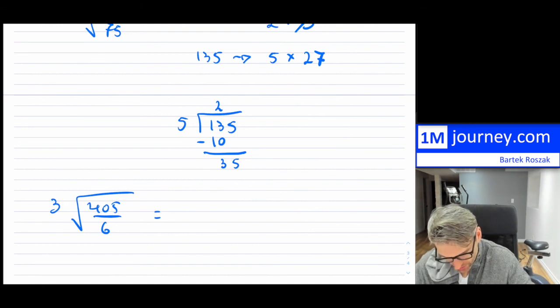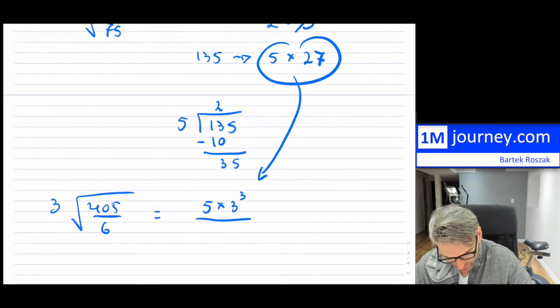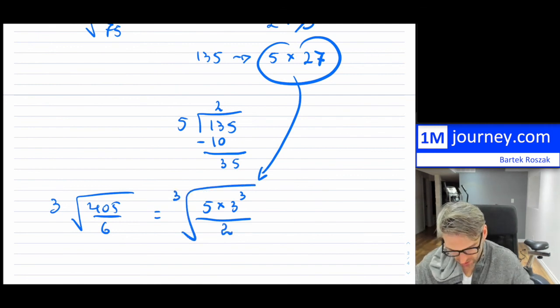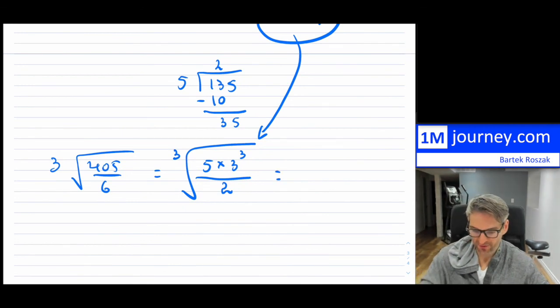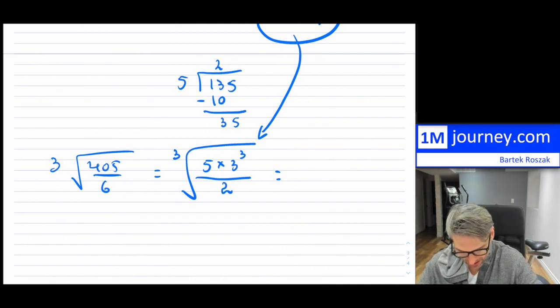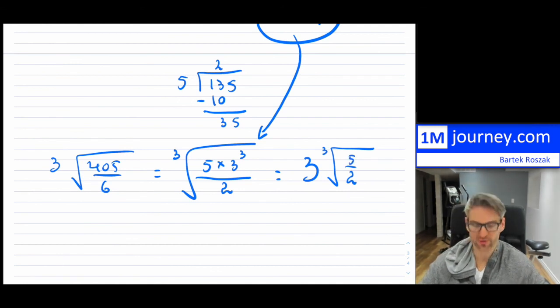Okay, so this is going to be, so that is 5 times 3 cubed. All right, so that's coming from there. All over, so let's not forget the 2. Okay, so this is what you have. Now, in order to simplify that, notice the 3 cubed. Okay, so that 3 can come out. So this is going to be 3 up top there. That's going to be 5 over 2. So that's what you have there.